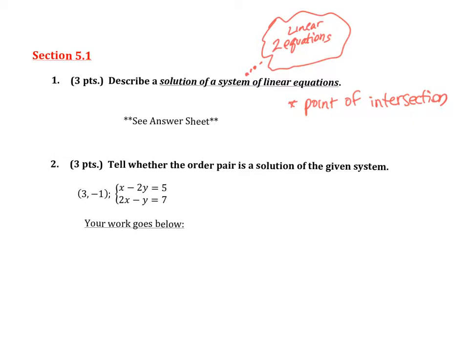For the next question, tell whether the ordered pair is a solution of the given system. You're asked to find if the x value and the y value that is given to you makes or satisfies both equations. So go ahead and work this out.